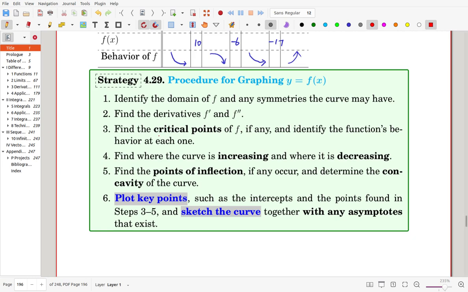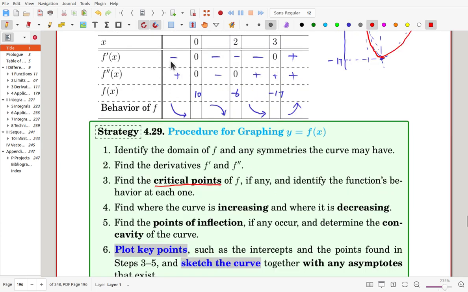Also you have to find where it is increasing and where it is decreasing, by checking f prime. Also, you can find the inflection points.